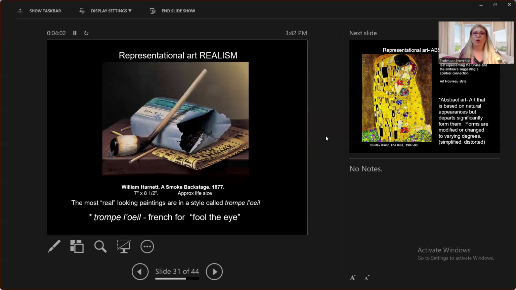Again, it tricks us into finding the simplest answer of what we're looking at. We don't look at this and say, that's a painting of a pipe. No, we look at it and say, that's a pipe.